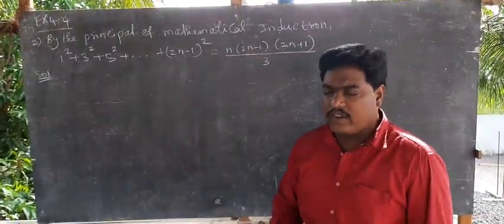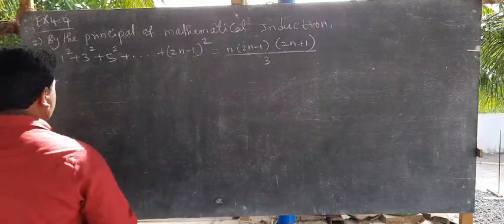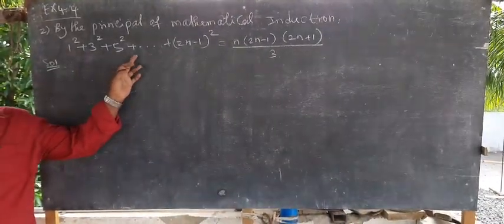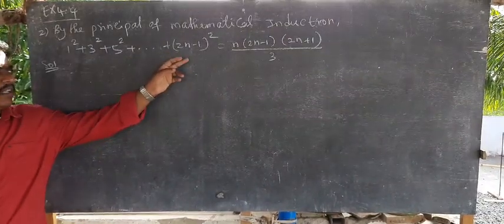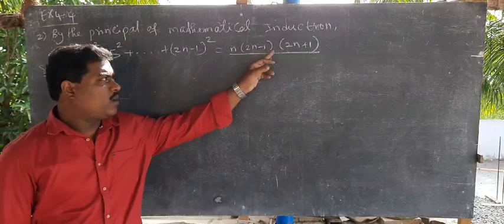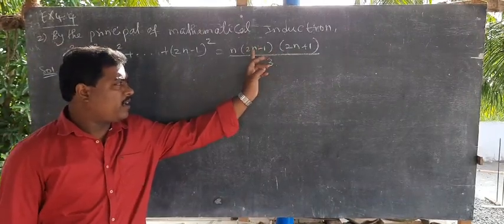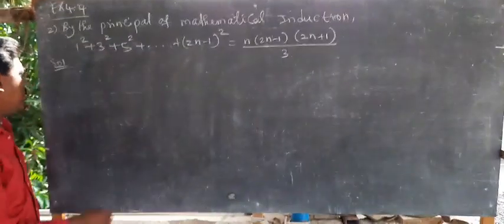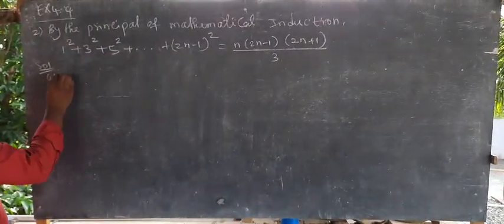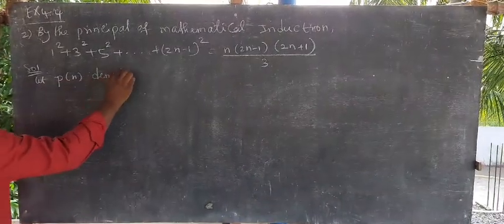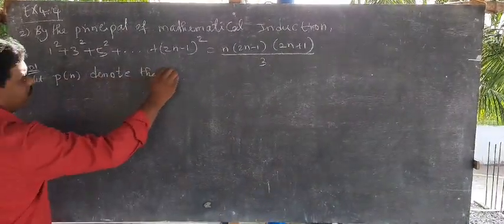First step, what do we need? Given is 1 square plus 3 square plus 5 square and so on, 2n minus 1 whole square, equal to n times 2n minus 1 times 2n plus 1 by 3. First we let P of n denote the statement.